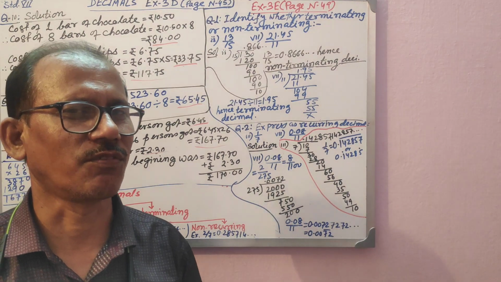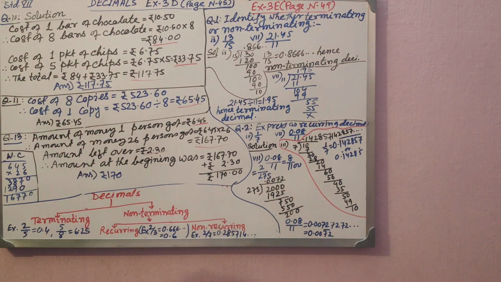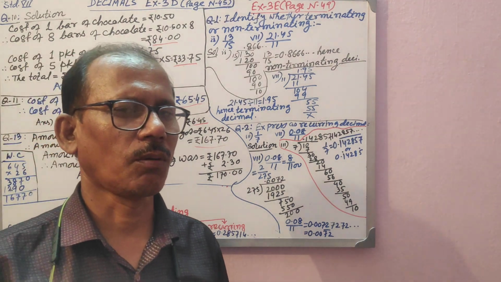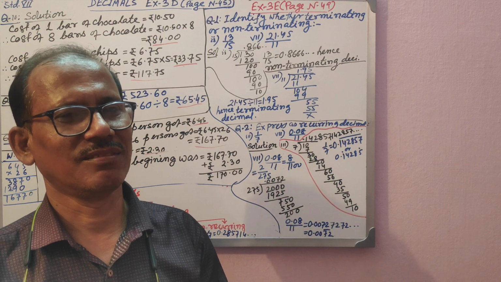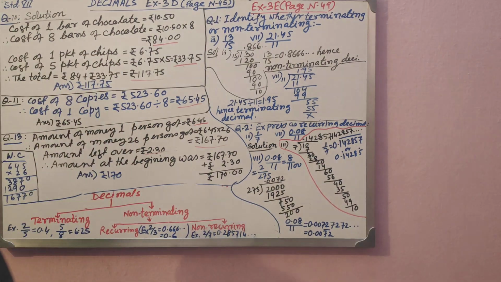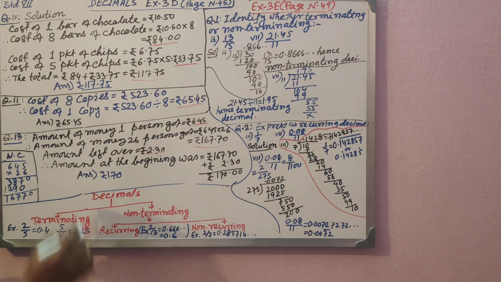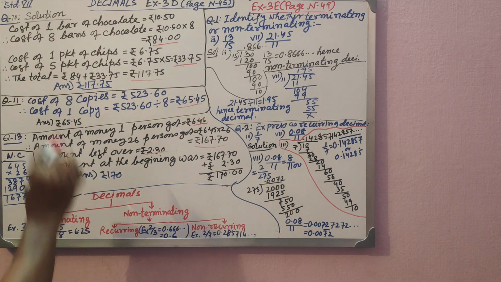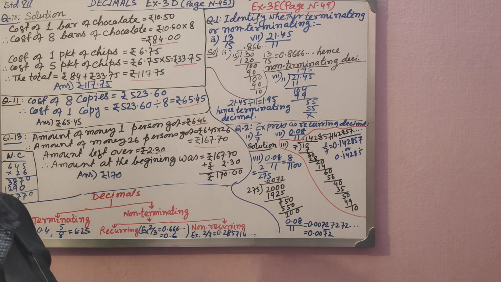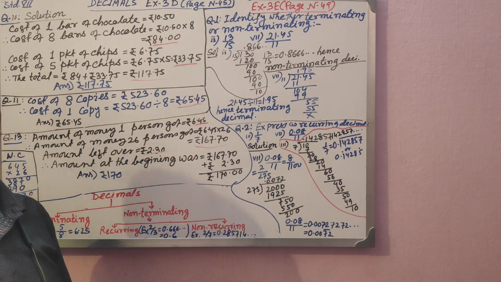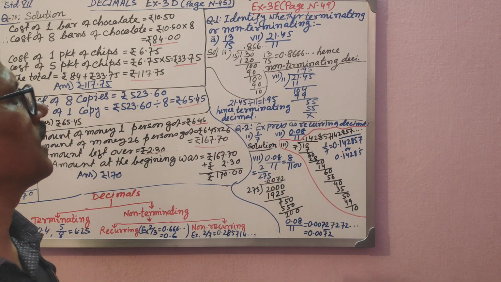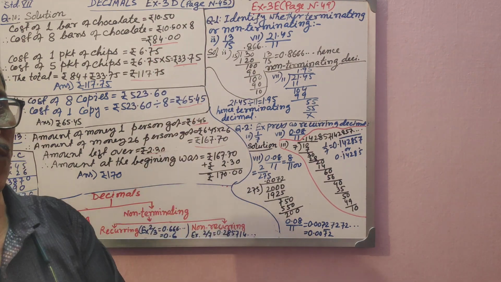Who doesn't understand? These things are very easy. See, if you know the operations for word problems of fractions and decimals, there isn't any problem. The cost of 1 bar of chocolate is rupees 10.50, and therefore 8 bars of chocolate will be 10.50 multiplied by 8, which will become rupees 84.